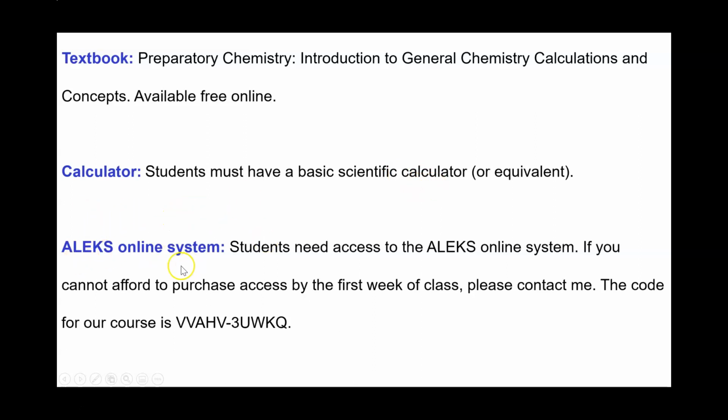You'll need to purchase access to the ALEKS online system, and once you have purchased access to that system, you'll need to use this 10-character code in order to register for the correct course. I've published to Canvas what they call a financial aid access code, and that'll give you 2 weeks free access to ALEKS.